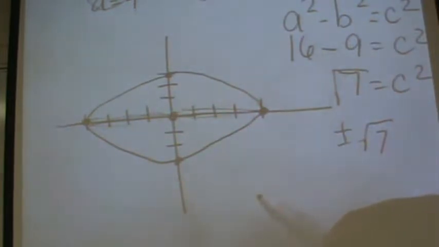So what is it, 2 point something? What's the square root of 7? I'll tell you. Square root of 7, 2.6. So where is the C value? It's about 2.6 units. This is going to be your C value, and this is going to be your C value, 2.6 right here.